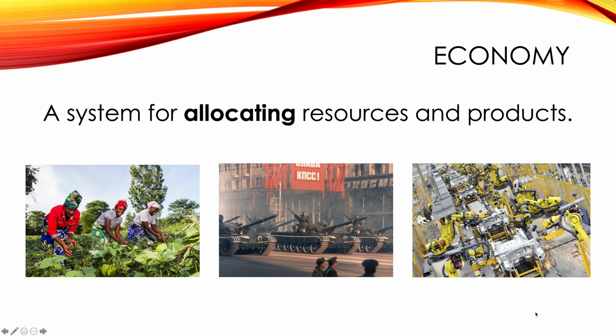Or we can see a country that is market-based, where there are firms that are not owned by the government that all compete with each other and try to develop better new ways to do things, as you can see in the picture to the right there with the robots in the production line. So an economy can look a lot of different ways, but no matter what type of economy we're dealing with, there are three big questions that every economy, traditional, command, market, has to answer.